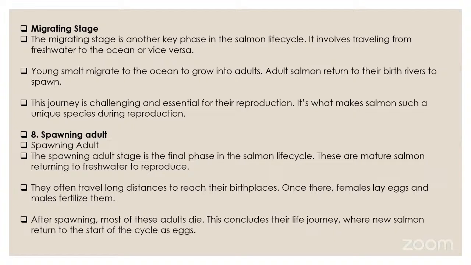Once there, the female lays eggs and males fertilize them. Next, after spawning, most of these adults die. This concludes their life journey, where new salmon return to the start of the cycle as eggs.